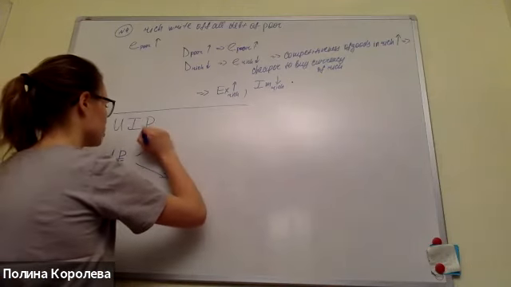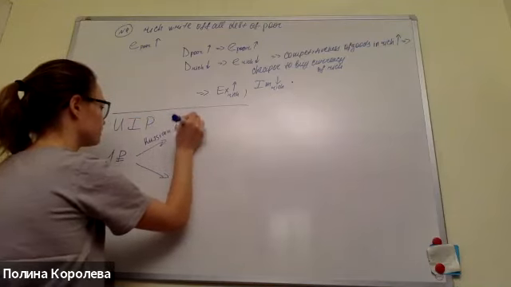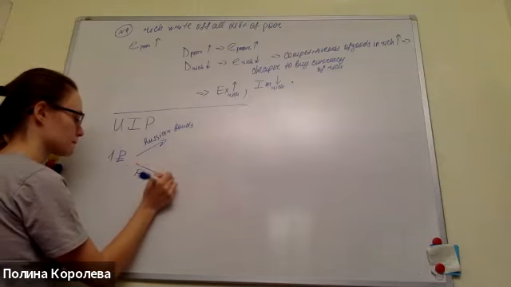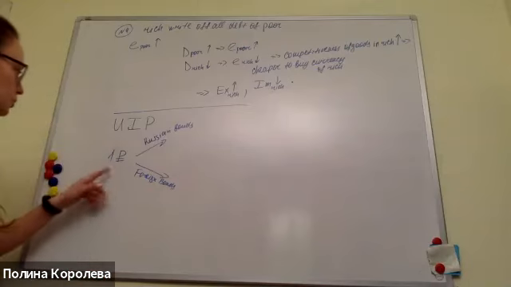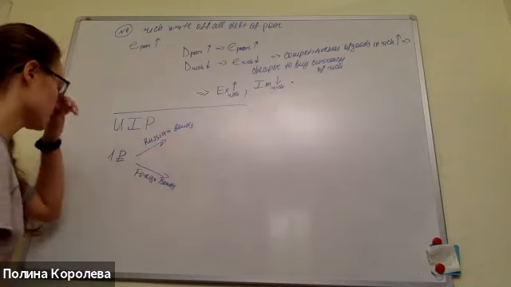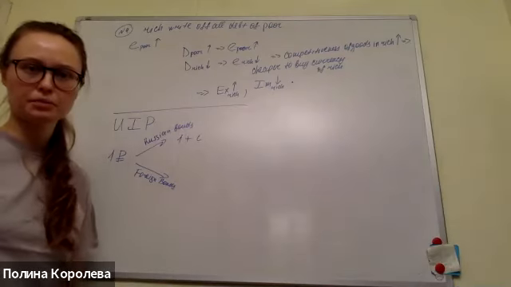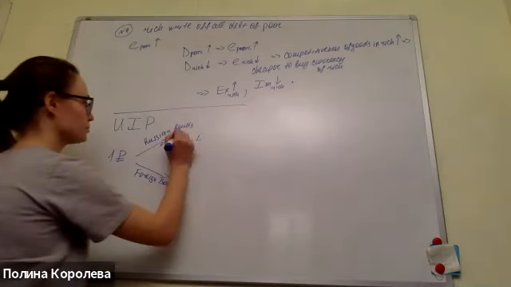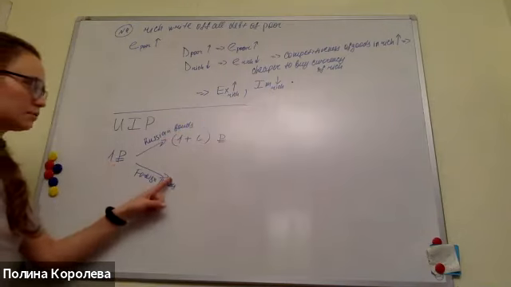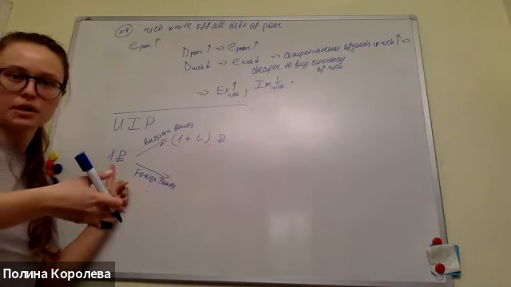So invest in Russian bonds or in foreign bonds. If we invest in Russian bonds, in a year we will get 1 plus the interest rate of Russia, in rubles. If we invest in foreign bonds, firstly we need to convert our ruble into foreign currency.